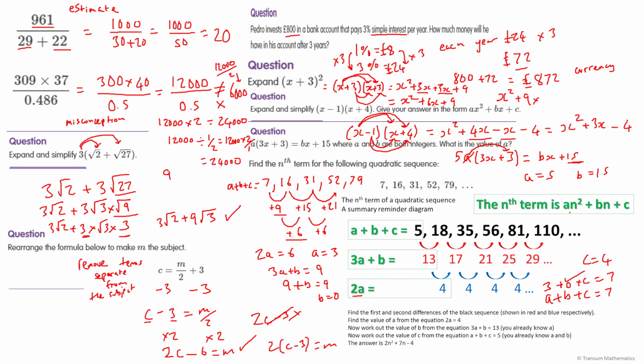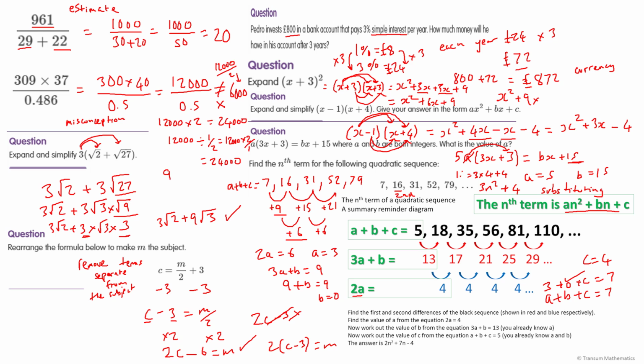Now we'll substitute it into this formula here. So the answer to this question, a is 3, so it must be 3n squared plus 4. You should always get these right by substituting to check. So let's choose the second term. That's the second term. So let n equal 2. So 3 times 2 squared, which is 4, plus 4.